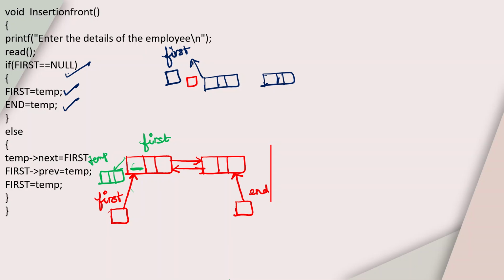And this is your temp node. So temp of next should be pointing at first. And this line will no longer be existent. So first will now be pointing at temp. Those are the three lines I have written over here. Temp of next is first. First of previous is temp. And temp itself becomes the new first node.